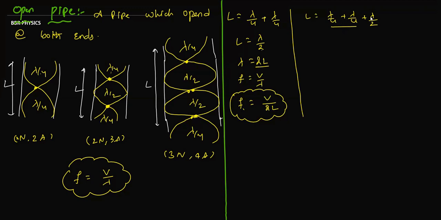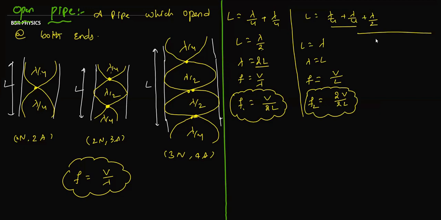So lambda by 2 plus lambda by 2 is nothing but lambda. Therefore, L equal to lambda, so lambda equal to L. F equal to V by lambda, no? In the place of lambda, I can substitute L. But I'm multiplying numerator and denominator with 2, so I'm writing 2V by 2L. Why? Because while finding the ratios, it will become easy.